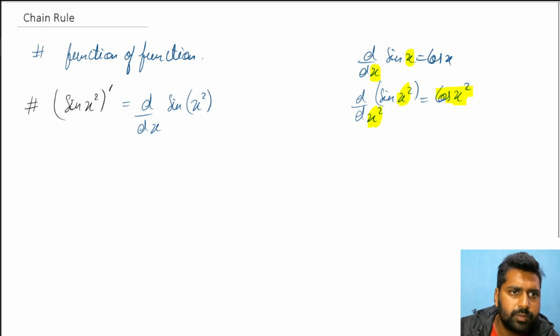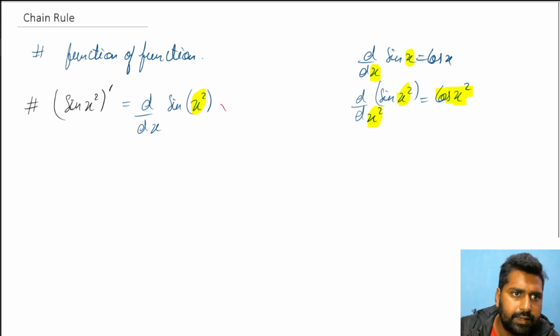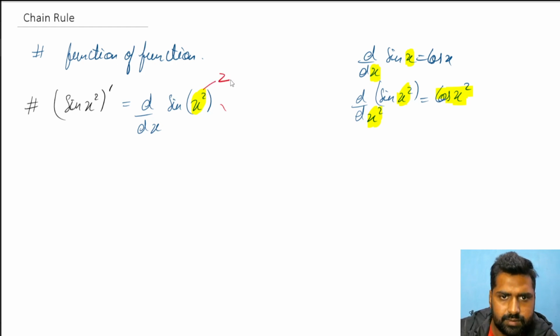So what we do is we try to generate a new variable accordingly. First of all, this x square, let it be z. So your question will look like d/dx of sin z.